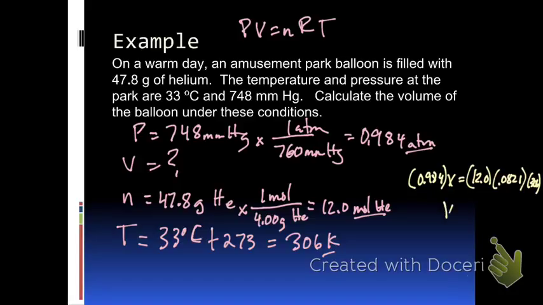If I solve that, I get about 306 liters, but I need 2 sig figs. Why? Because 33 degrees Celsius has 2, so this will give me 310 liters.